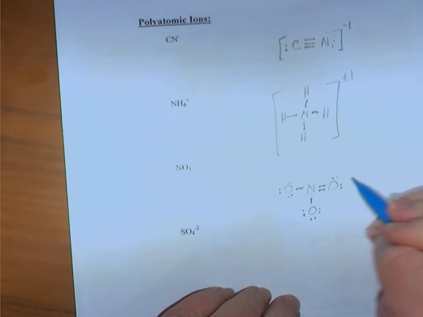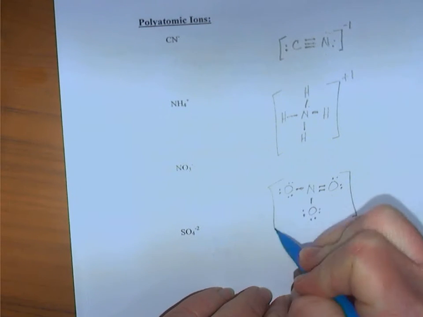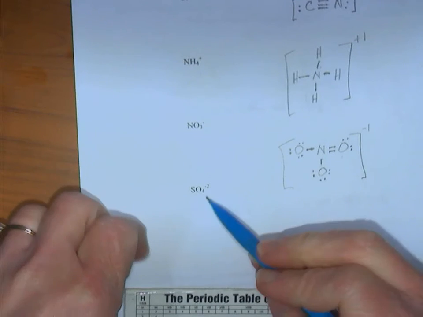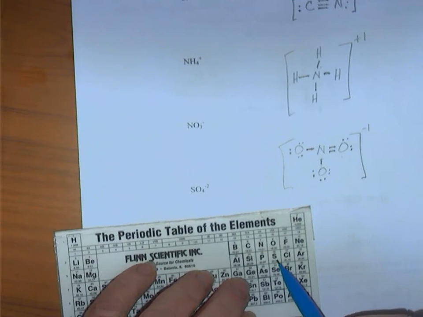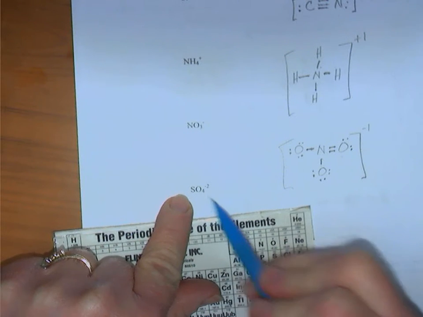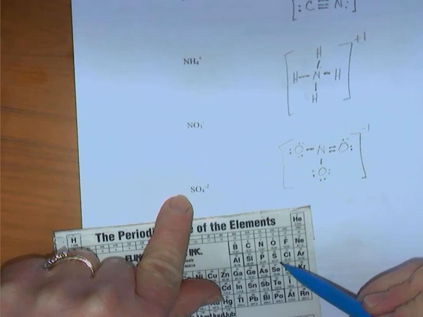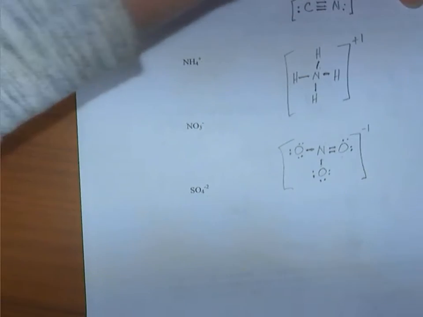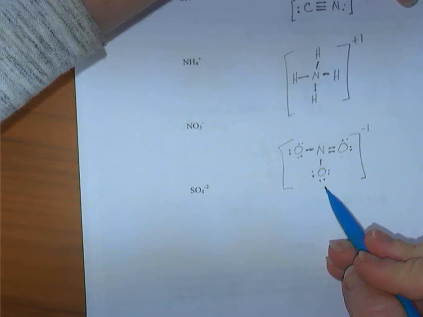Everybody has 8. Okay, now sulfate. Sulfur can exceed the octet. So we're going to come back to do sulfate in a bit. All right, but I want to show you something with nitrate.